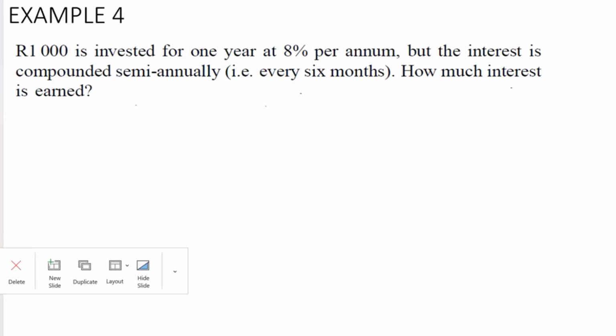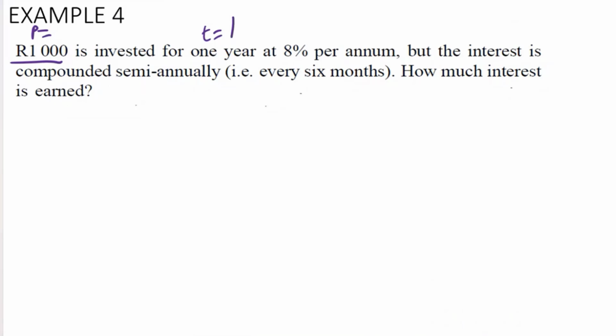This example is saying now 1,000 is invested. Okay, 1,000 is invested. If your English, like modern graded English, 1,000 is, that is the present tense. Therefore, your P is equal to 1,000, invested for 1 year. So now your T is equal to 1 at 8% per annum.